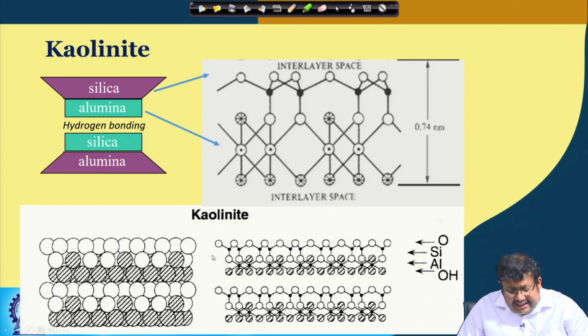One thing is very clear from this structure, that of these two adjacent layers, the basal plane of atoms in one layer represents hydroxyl, and the next layer of atoms in the adjacent layer is the oxygen atom.